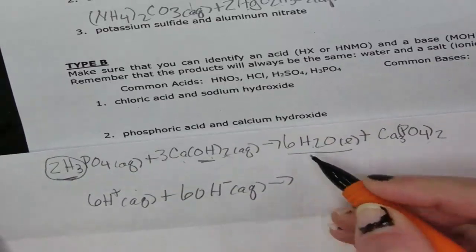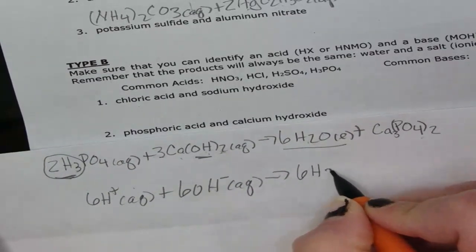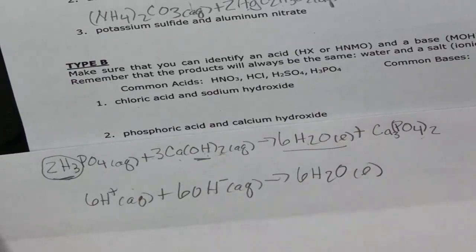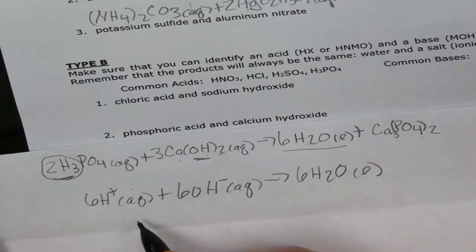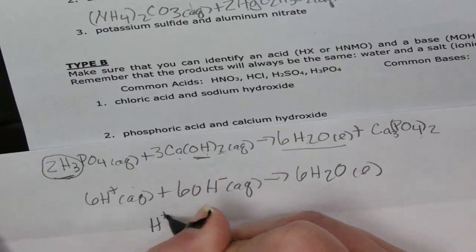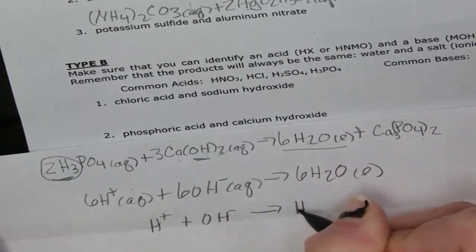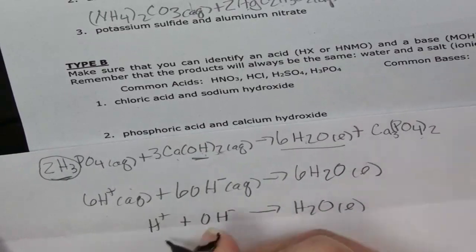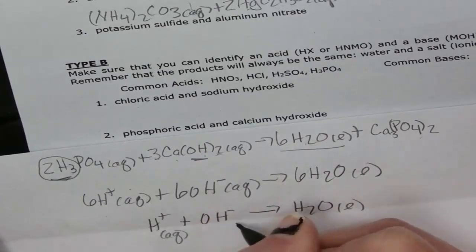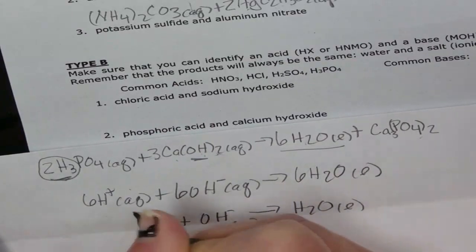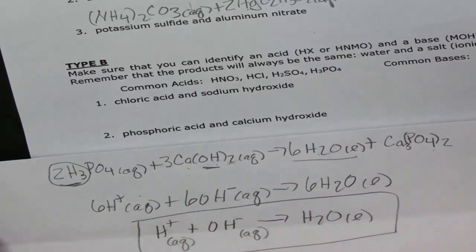And that yields 6 liquid waters. Now, we can reduce this down again to H plus and OH minus, giving us liquid water where the hydrogen and the hydroxide are both in their aqueous form.